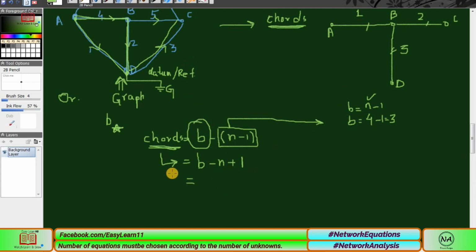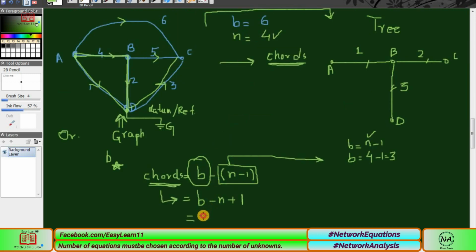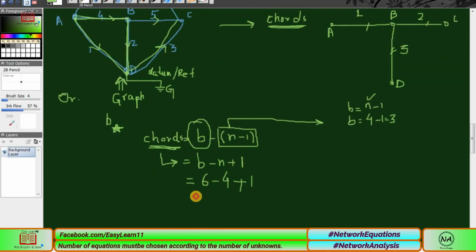What is the total number of branches? There are 6 branches, minus the number of nodes. 4 nodes can be seen easily here, minus 4, as you can see, 1, 2, 3 and 4, plus 1. So this is a simple formula for the calculation of the codes of any tree.